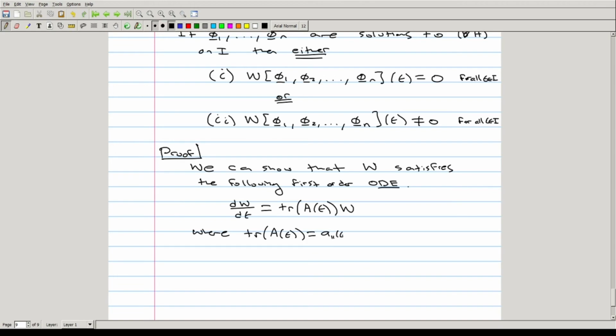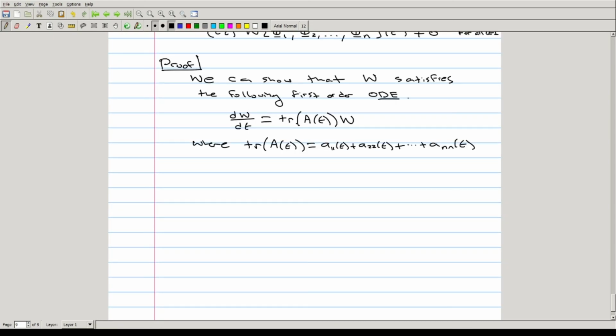This is A11 of t plus A22 of t plus up to Ann of t. And this just relies on the fact that the Wronskian is a determinant, and using what happens to this determinant when you take the derivative of it using the various derivative rules, you can directly show that it satisfies this differential equation. This is done out in the book for the case of 2x2 matrices, but it can be shown in general.